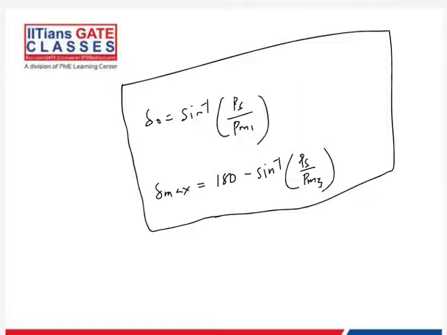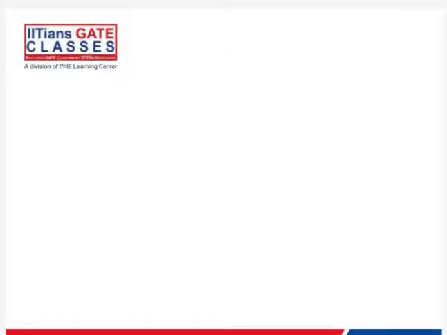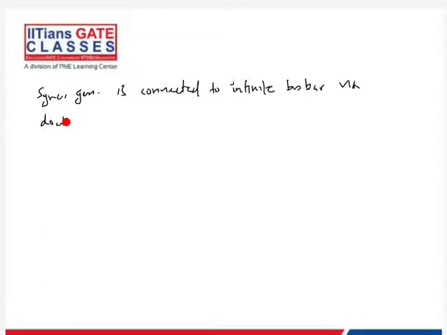Okay, so let's try a question. The condition is: an asynchronous generator is connected to an infinite bus bar via a double circuit line, right?